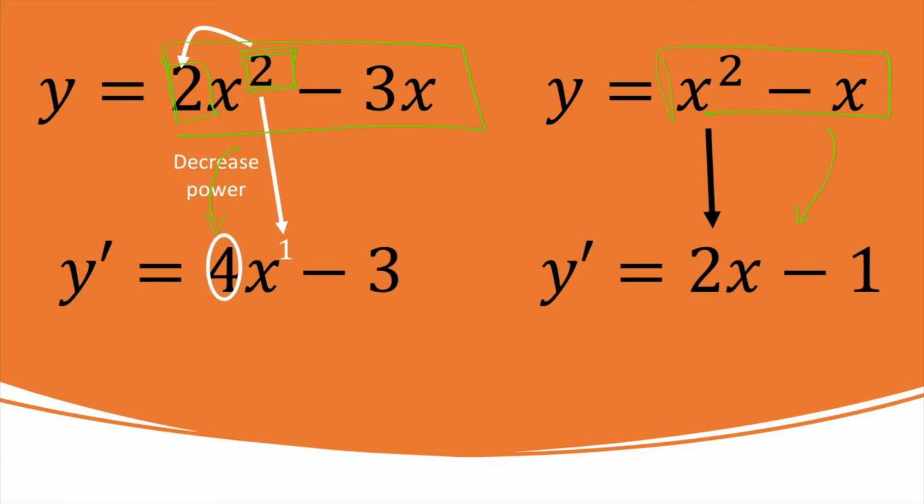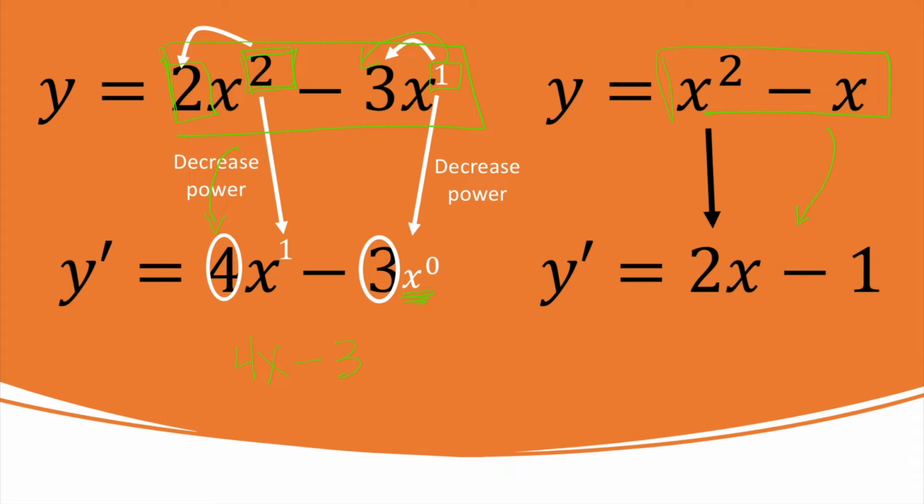And then for the second term, basically this is x to the power of 1, right? So 1 times 3 is 3. And then 1 minus 1, decrease the power just by 1. It's 3 times x to the 0. And anything to the 0 power is just 1. So 4x minus 3, that's the derivative.